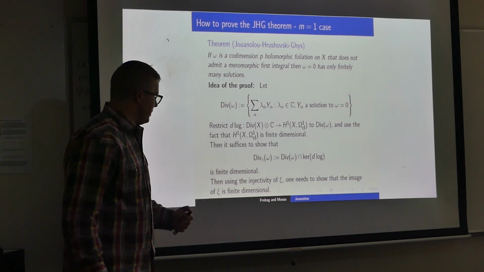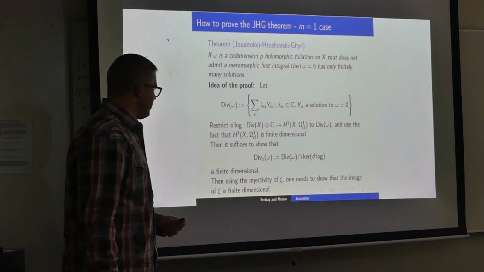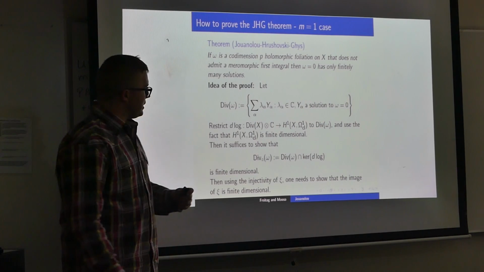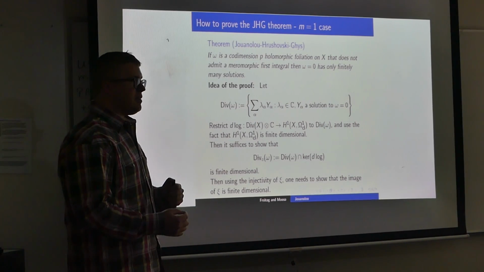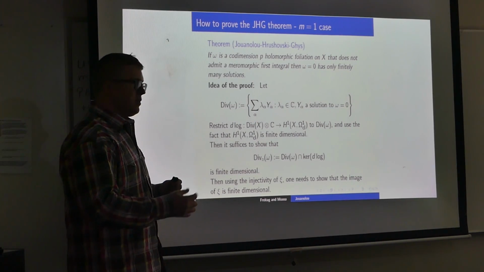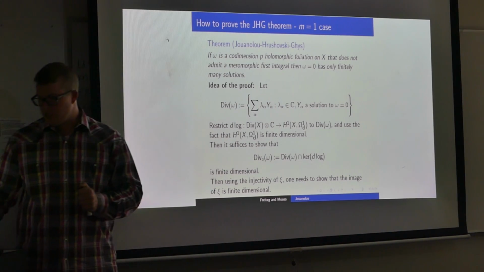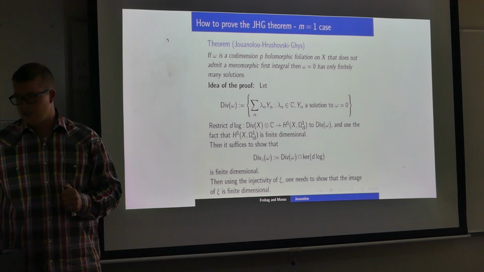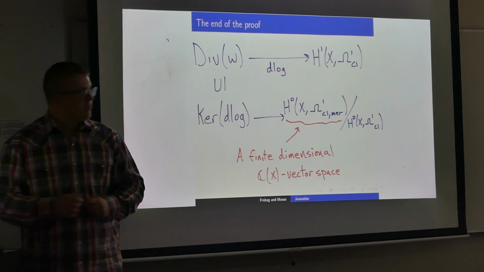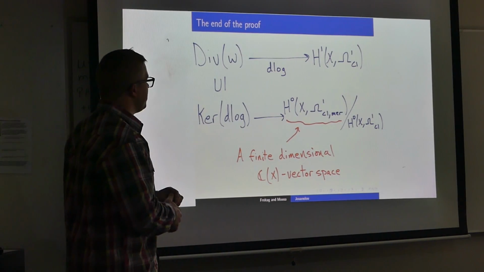Now, this map C is injective, and even though it's not a map to a finite dimensional C vector space, since it's injective, it's sufficient to show that the image is a finite dimensional C vector space. Here's a rough picture of what's happened.